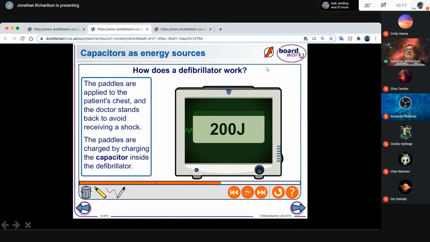That means that the person applying will then charge the capacitor inside the particular device, the defibrillator, and the capacitor inside the defibrillator has stored all of this energy.